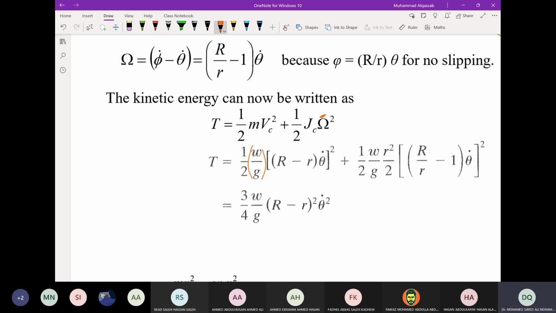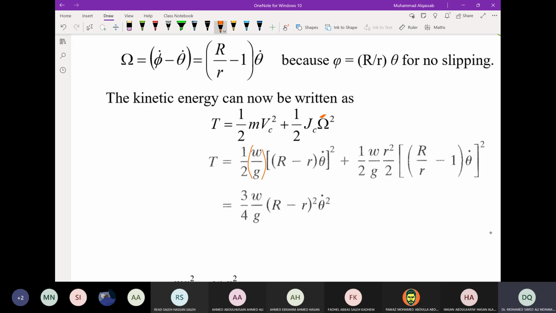For the cylinder or a disk, I think we talked about this before, the moment of inertia is half m r squared. Since we don't have the mass, we have the weight, we have W over g, which is the mass, times r squared over 2, times the angular velocity squared, which is (R over r minus 1) theta dot all squared.